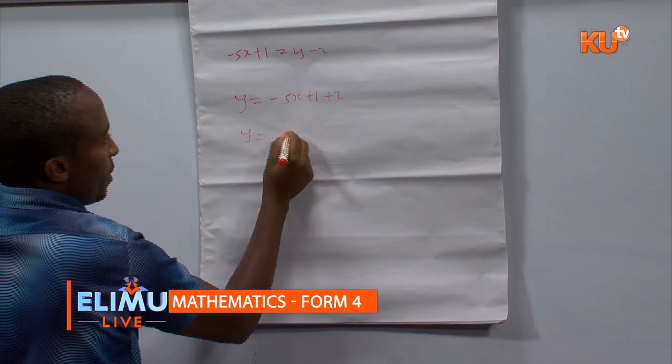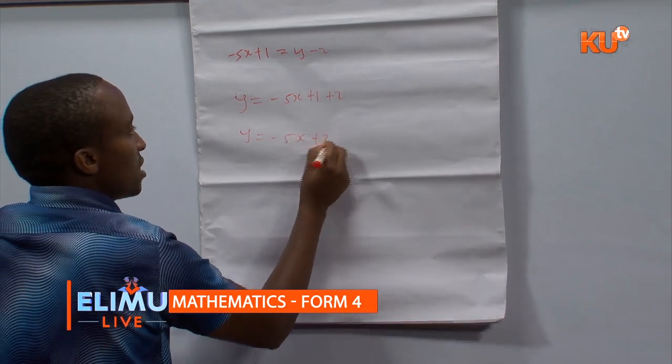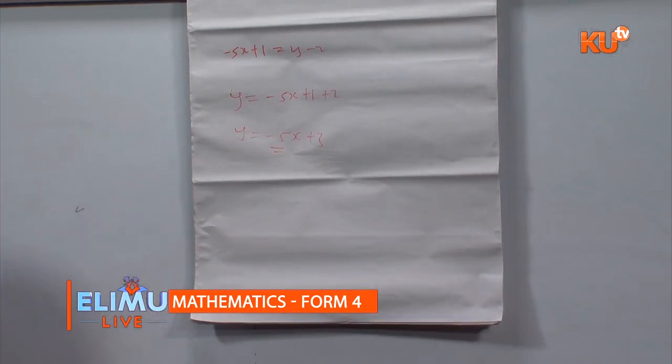So y is equal to -5x plus 7. That's the equation of that line.